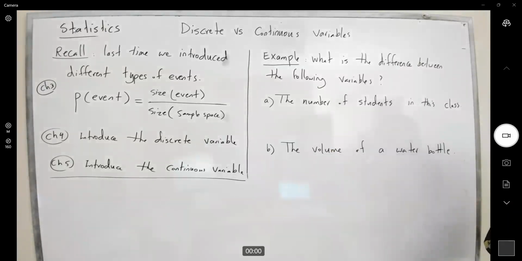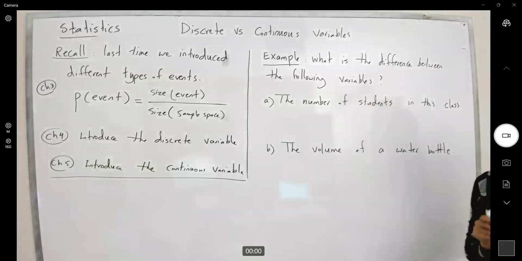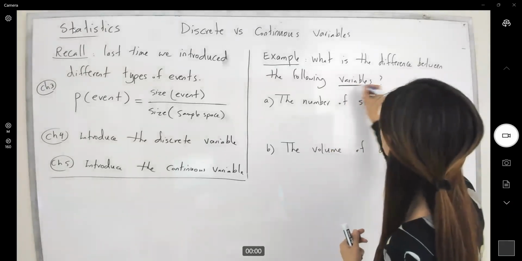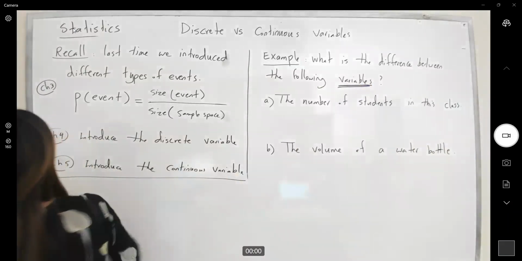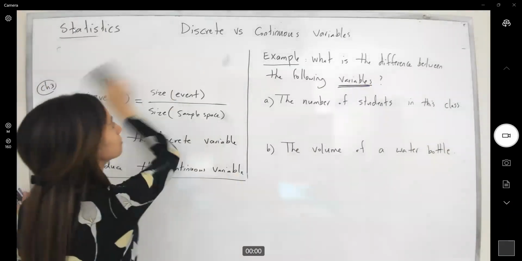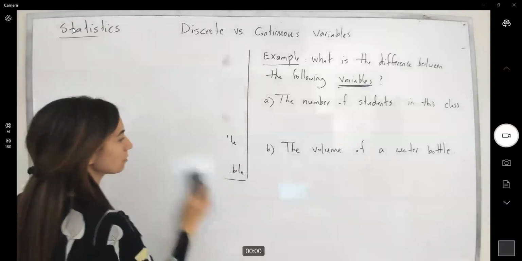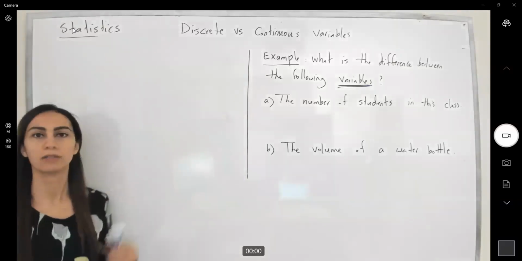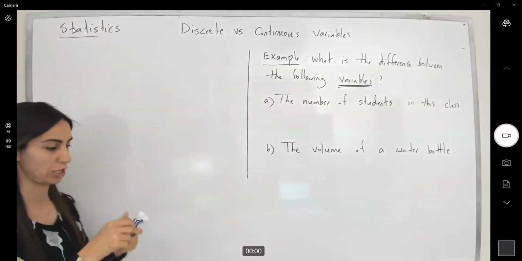Very well. So first of all, I'm talking about a variable. What is a variable? Remember that in algebra, we learned about a variable. A variable represents some numerical values, but those numbers are changing.